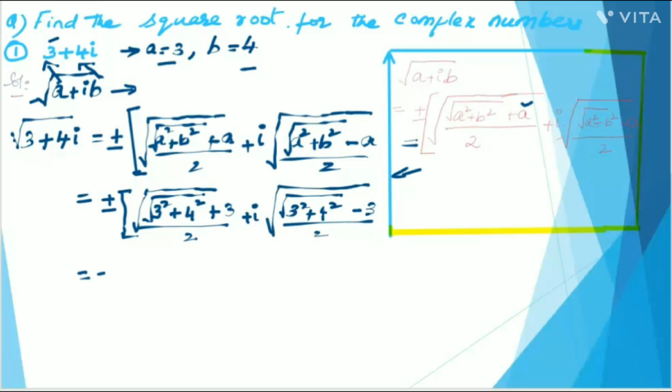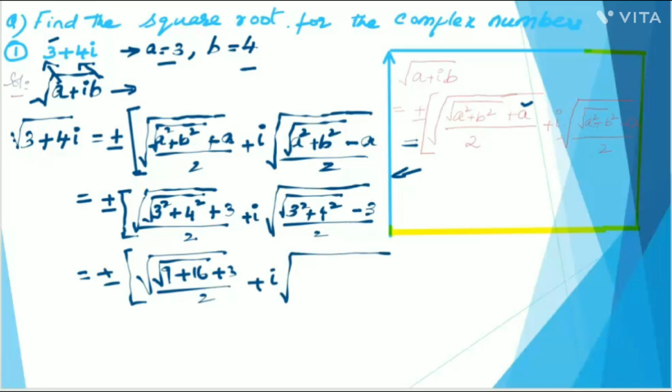This is equal to plus or minus as it is, and then whole square root, 3 square plus 4 square, 3 square is 9, 9 plus 16, this is under root, plus 3 divided by 2 plus i whole square root under root 9 plus 16 minus 3 divided by 2.